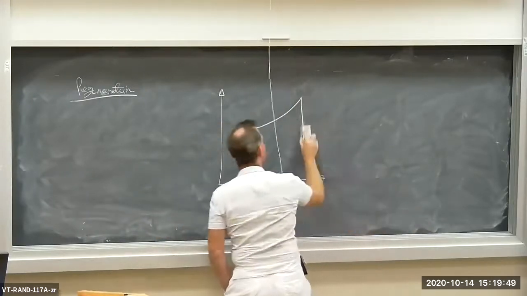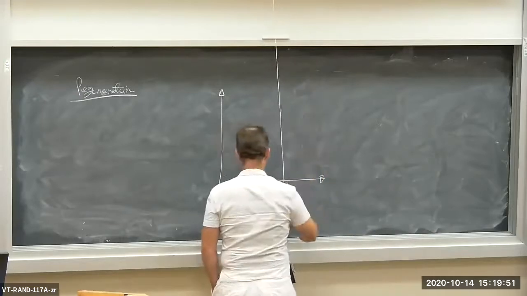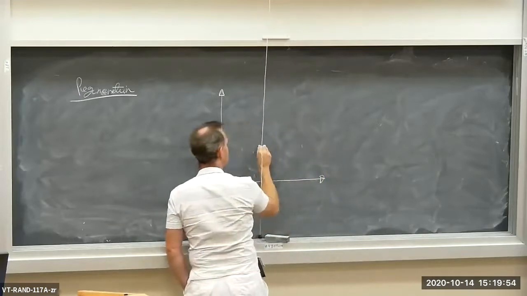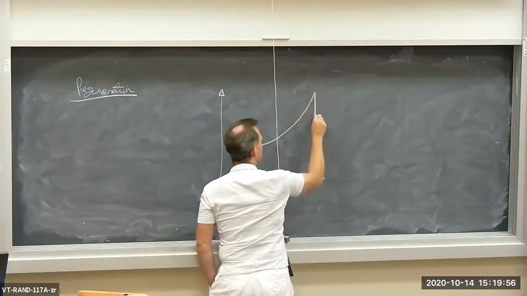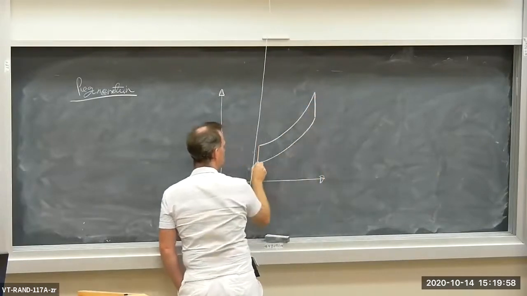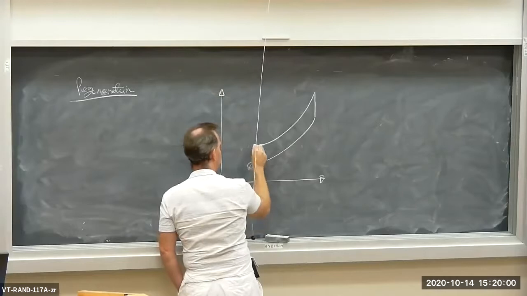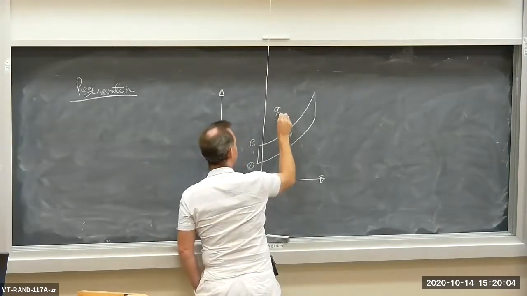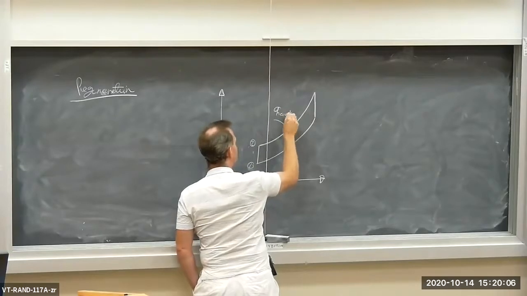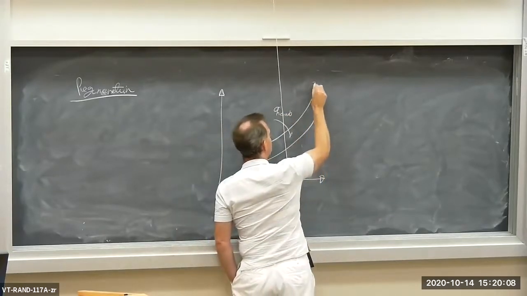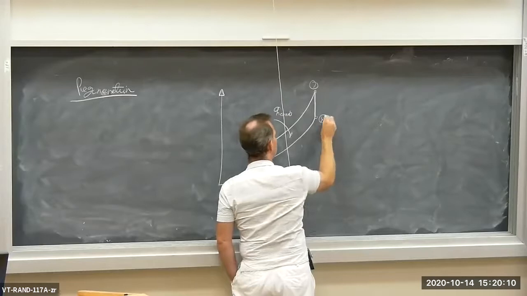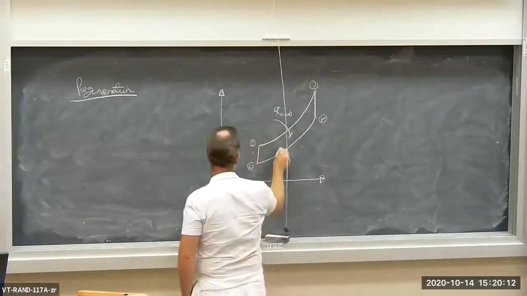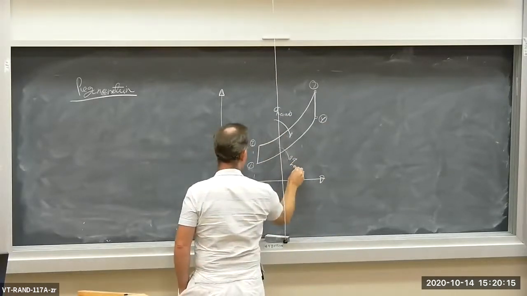I'm going to draw it a certain way. So compressor inlet, compressor outlet, heat addition from the combustor, turbine inlet, turbine outlet, okay? And then we have heat rejection going on here.